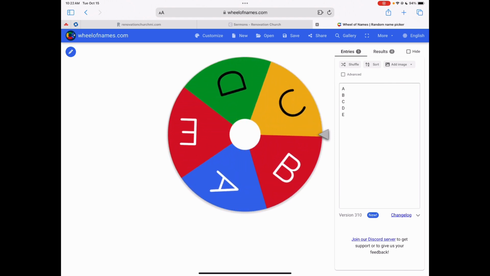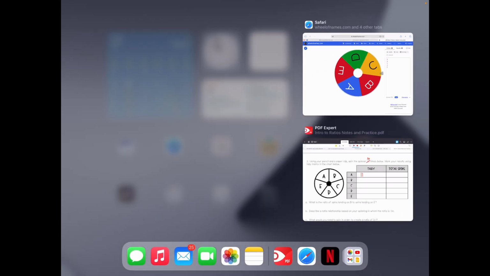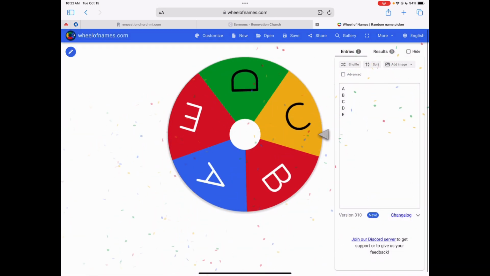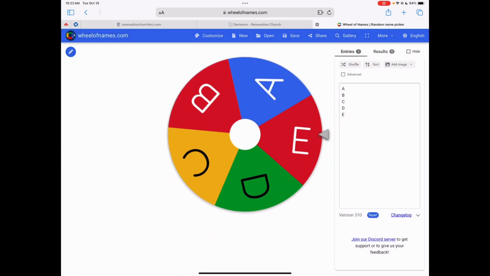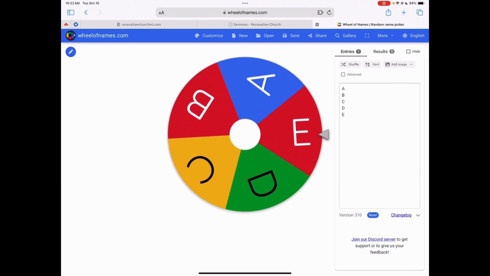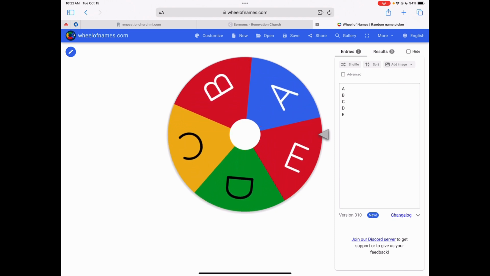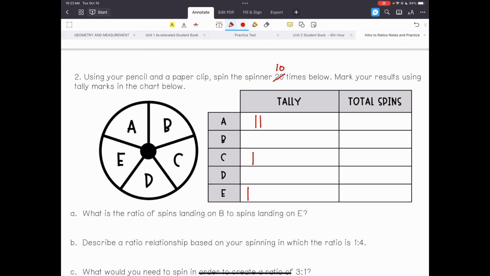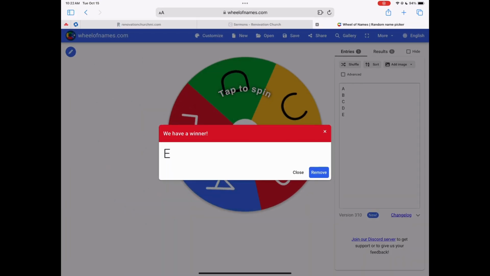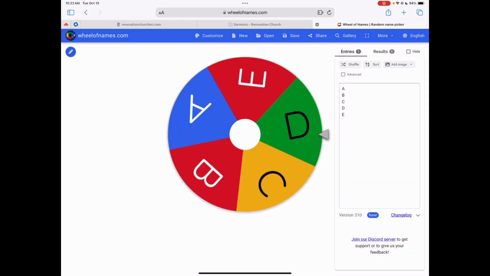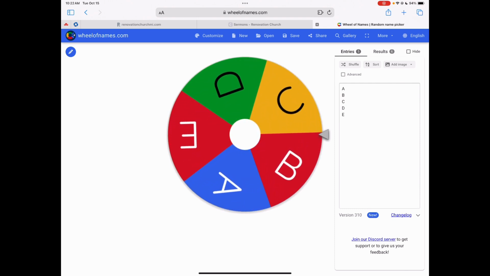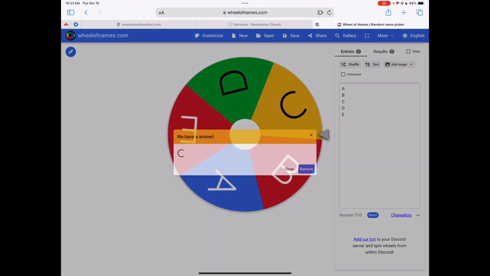Oh, C. Taking the celebration out of it. E, so put a tally. So 2 for A, 1 for C, 1 for E. C.